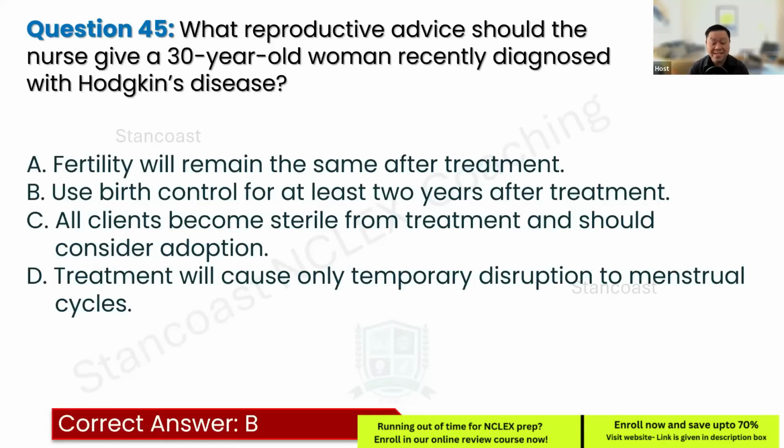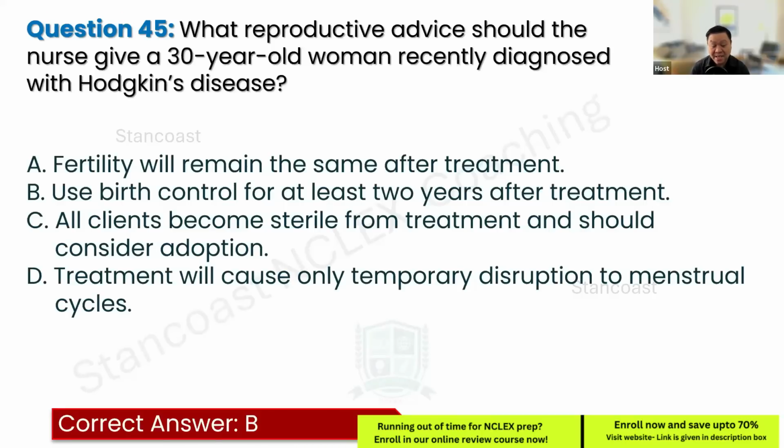Birth control is recommended during and for 2 years after Hodgkin's treatment. As we know, chemotherapy and also radiation can have carcinogenic effects that could impact a fetus, so we need to make sure that pregnancy is prevented around this time. If you selected letter A, this is incorrect. Many clients can experience fertility issues, including premature menopause, so this statement is misleading. Now, for letter C, this is also incorrect because not all clients become sterile.